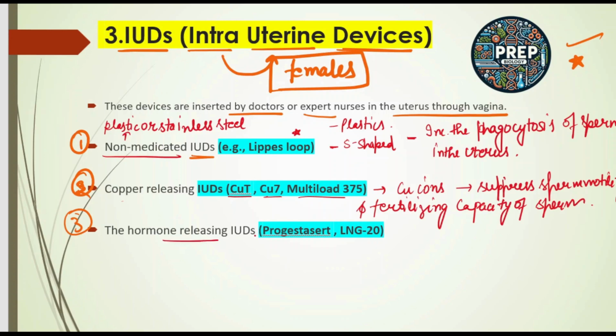The next is the hormone releasing IUDs. These are the IUDs which release different hormones. We have examples like progesterone and LNG-20. So what is the function of these?